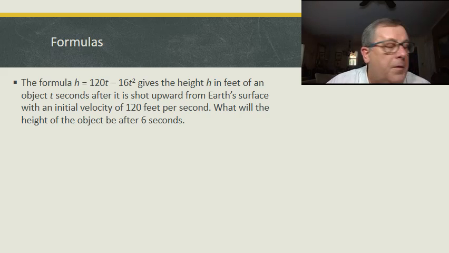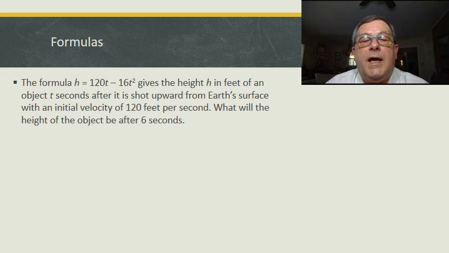Well, we know that a formula is a mathematical sentence that expresses the relationship between certain quantities, and if we know the value of all the variables in a formula except for one, then we can calculate and find the remaining variable.